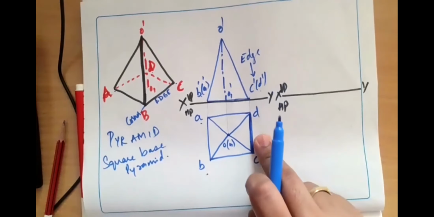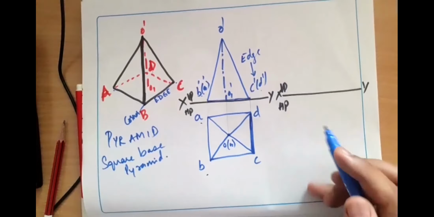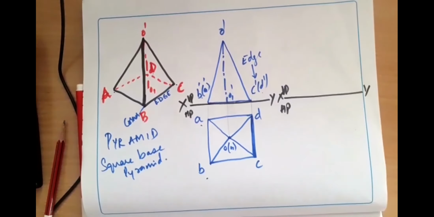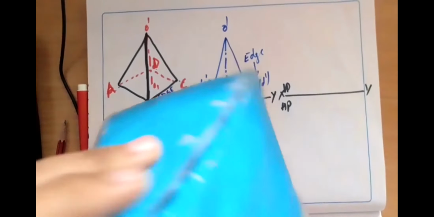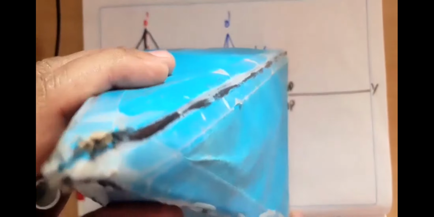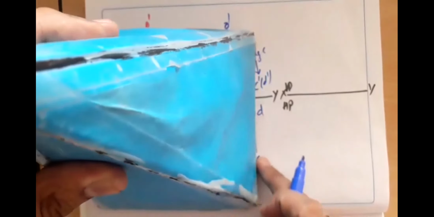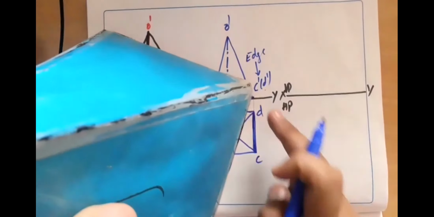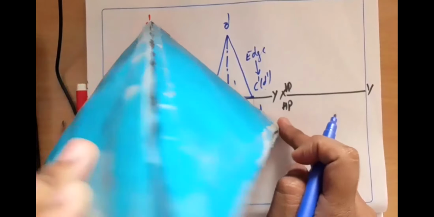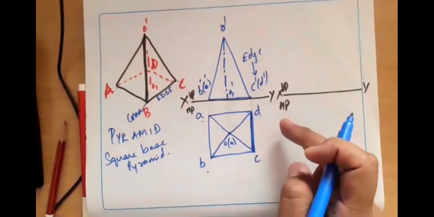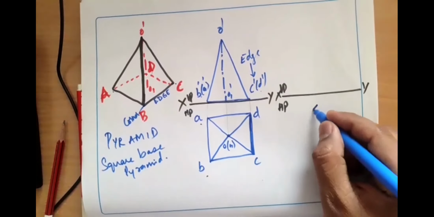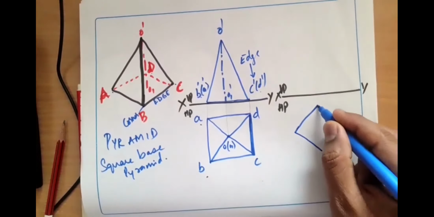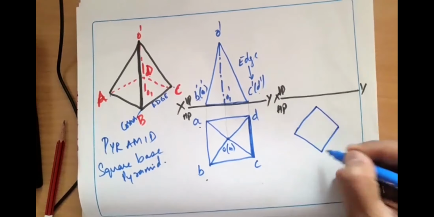If the same solid, a pyramid, is resting on a corner, see, on HP, this is an edge. That is why I have constructed here. If it is resting on a corner, I have to tilt it like this, change in position method. So I have to construct the top view in such a way that I'll get a corner here. Only two positions.